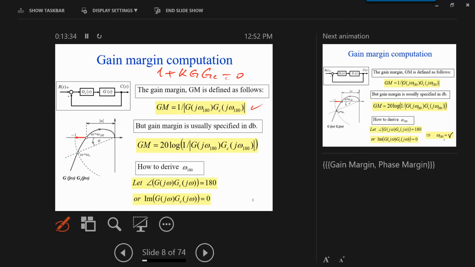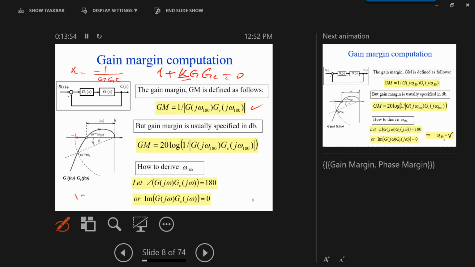Yes, sir. Okay, because we are talking about the magnitude. This is the k. Tell me, what is the value of k here? k is equal to -1 over G Gc.